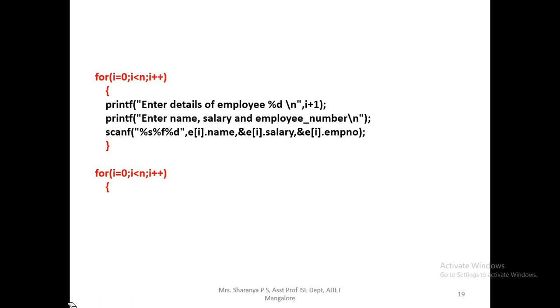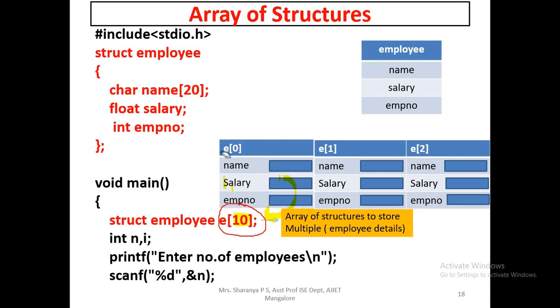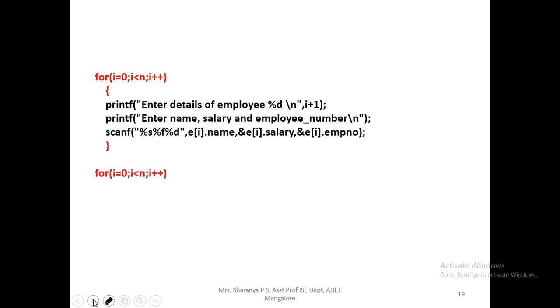Each structure will store its values. That is, we have to read the name, salary and employee number, and for the next index, or the next array element, we have to read the values like that, depending on the number of employee details we have to fetch. This is how, if we need to store multiple values, we can make use of an array of structures.